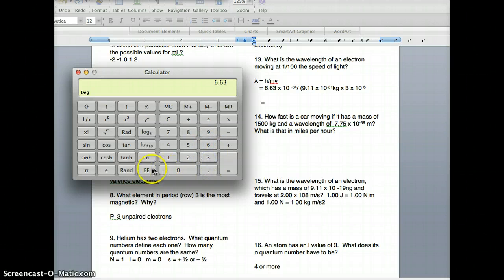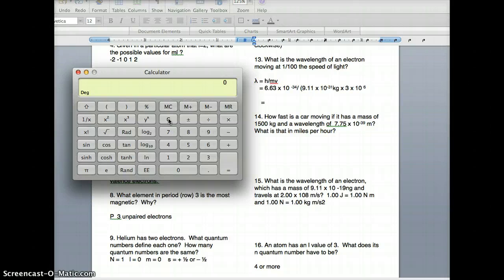6.63 EE negative 34th divided by 9.11 EE negative 31 divided by 3 times 10 to the 6th. So I'm not sure why it's saying not a number on that, so I'll do it on my other calculator.